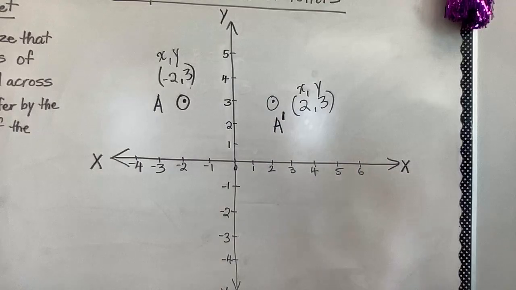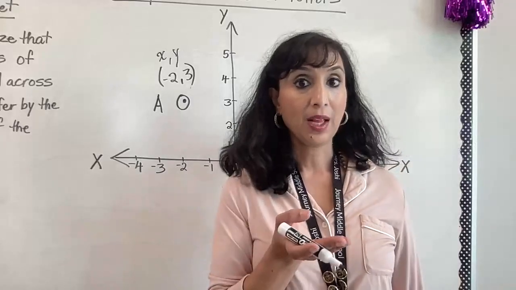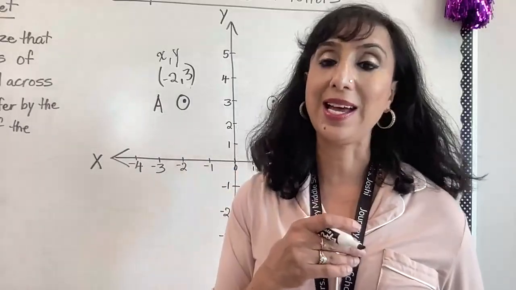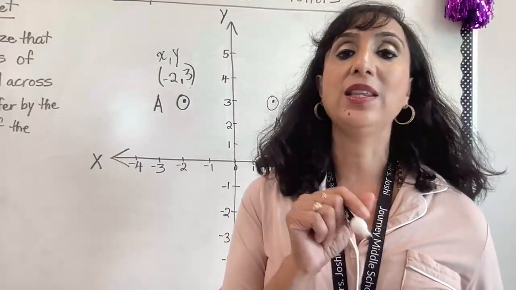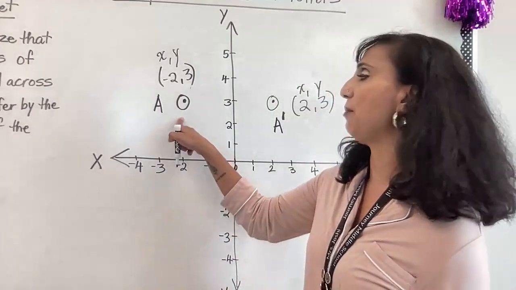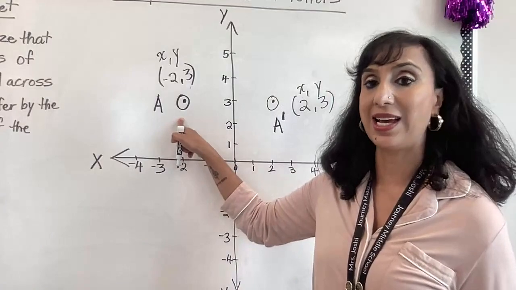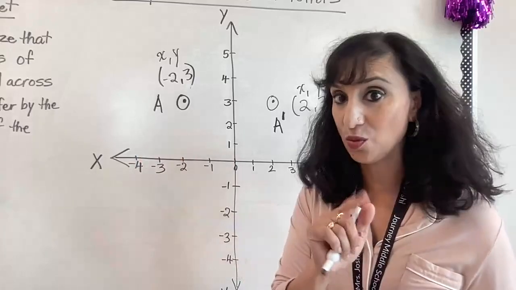Now what about if I was reflecting it on the x-axis? If I was reflecting on the x-axis, my x would remain the same and the sign of y would flip. So let's say I'm taking this and I'm reflecting it on the x-axis. Now we know this is x. So I said the x would be the same.